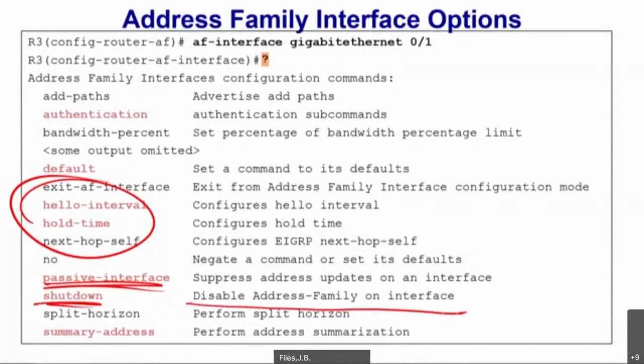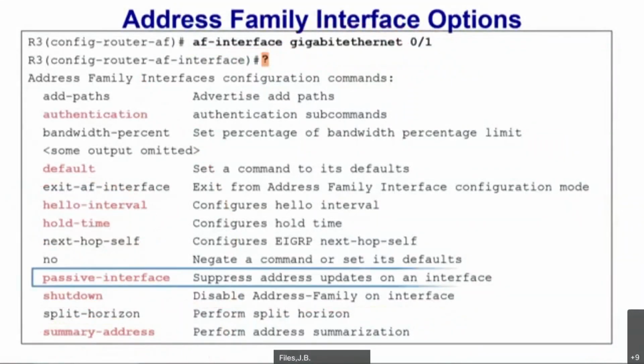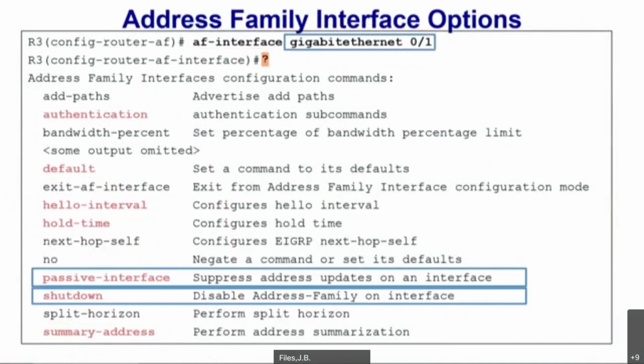Shut down, disable that address family on the interface for EIGRP purposes. If you want to do a summary address, this address family interface configuration mode for that interface is where you do all of these things. You don't actually go to the physical interface anymore.